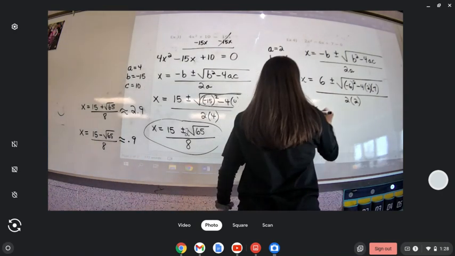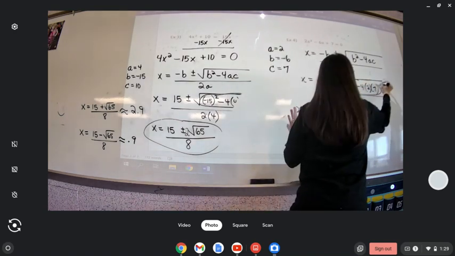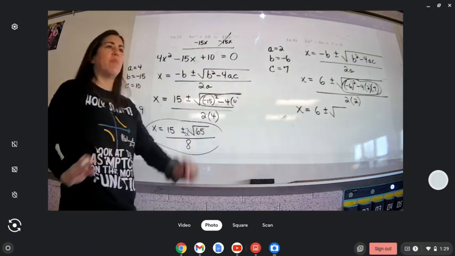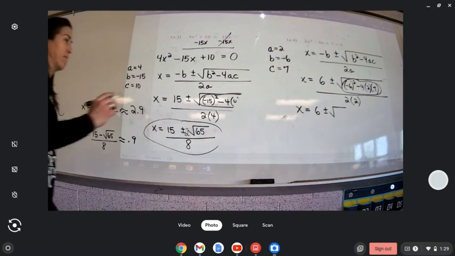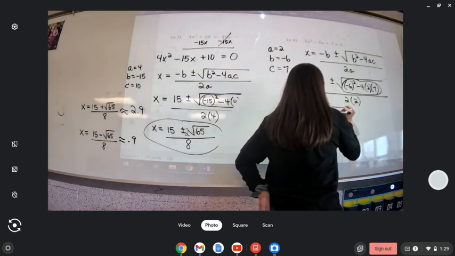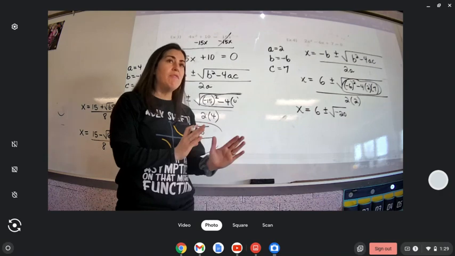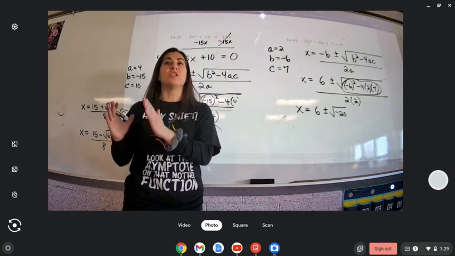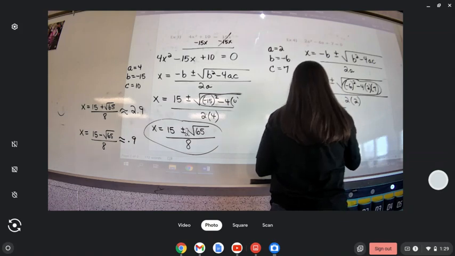So X will be equal to 6 plus or minus, just type this into your calculator. No square root, just type in that. And what number does it become? -20. So you will be taking the square root of -20. Uh-oh. The square root of a negative number is definitely going to result in an imaginary solution. All right, and then it's all divided by 4.